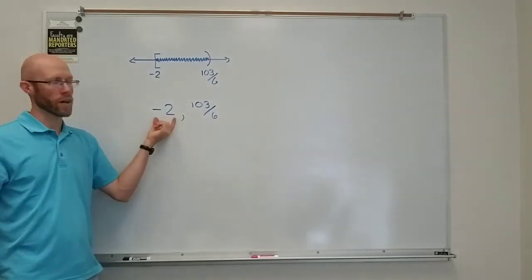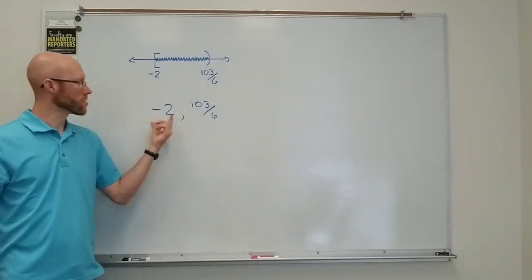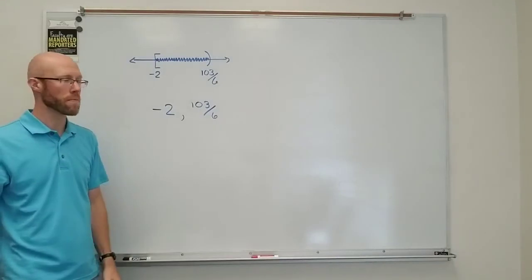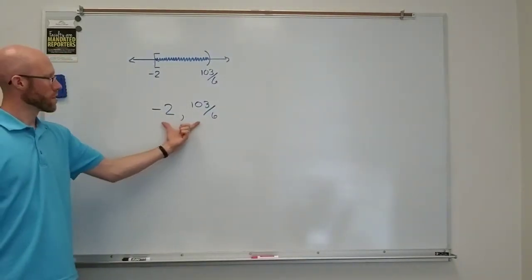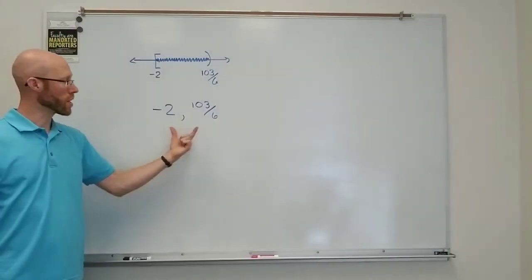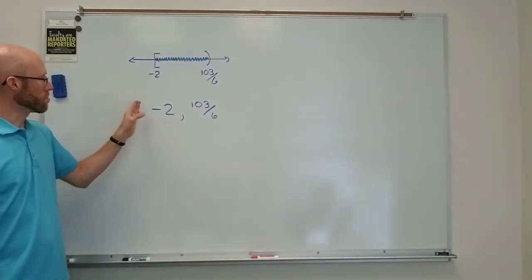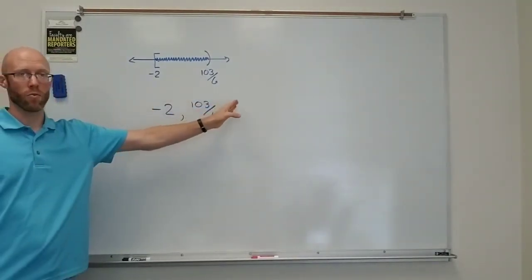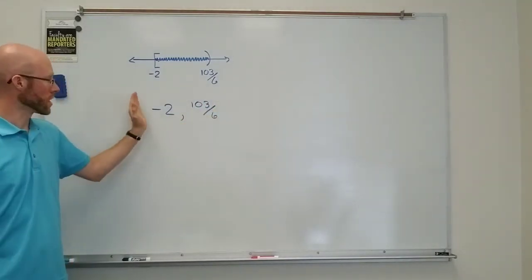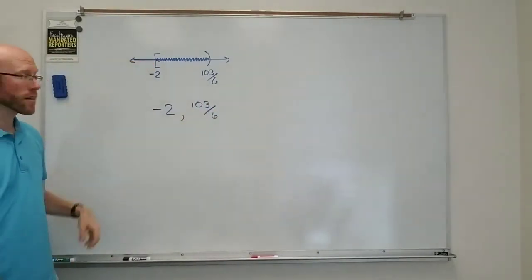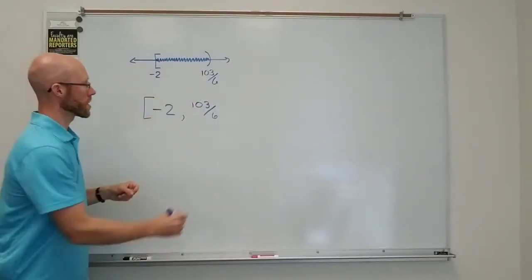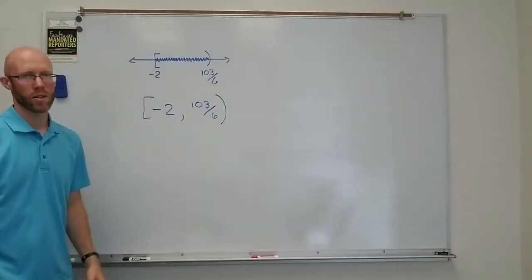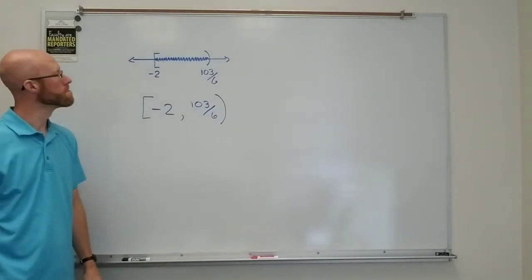They don't always work out to be nice integers. So just to get you familiar with that. So I've got the left endpoint, the right endpoint, and now I need a symbol to represent whether or not we're including them. So on the left side, I take the bracket because I want to include that endpoint. And on the right, I take a parenthesis because I don't want to include that one.